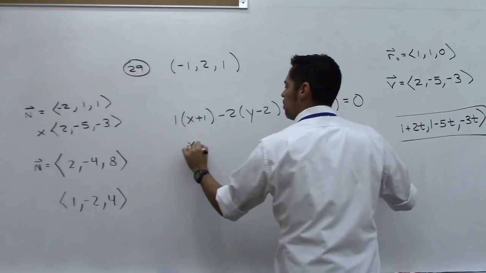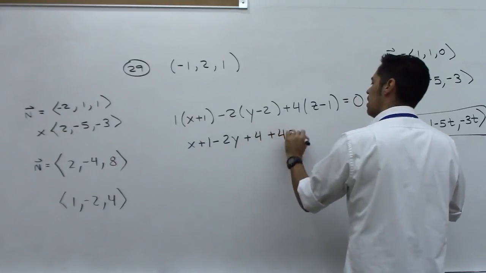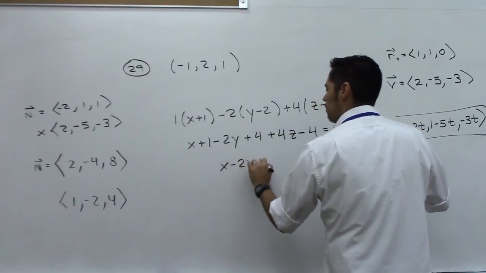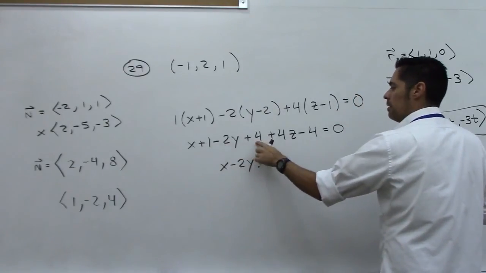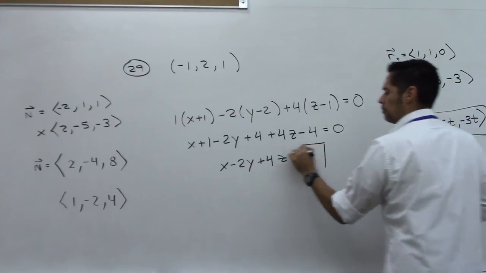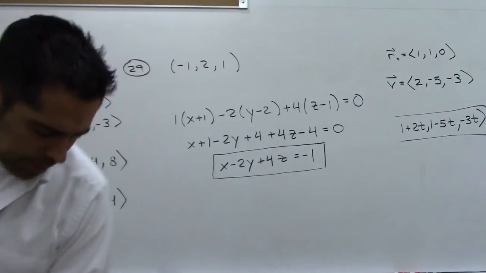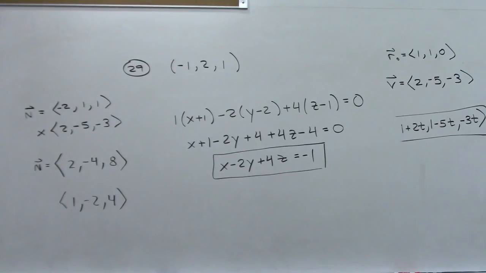And this gives me x plus 1, minus 2y plus 4, plus 4z minus 4 equals 0. x minus 2y plus 4z, the constants cancel, so it's negative 1. Let's see, this is number 29. Check this real quick. x minus 2y plus 4z is negative 1. There we go. That's it. That's cool, man. I hope that made sense.